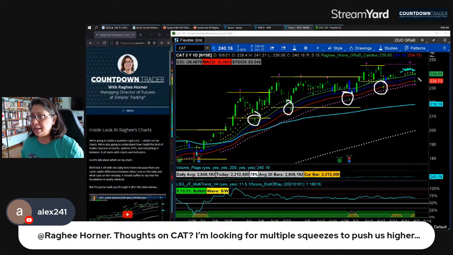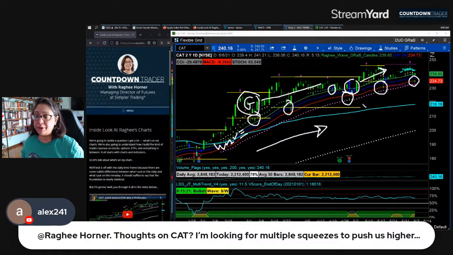And that's a combination of the structure of the market. That's my wave. That's a combination of the green GRAB candles. Look at how we're just green, green, green, green, green. A little bit of neutral, a little bit of neutral. I mean, everything about the GRAB candles is telling you this is very much a bullish market and buyable on the pullbacks, which is the way that I like to trade.